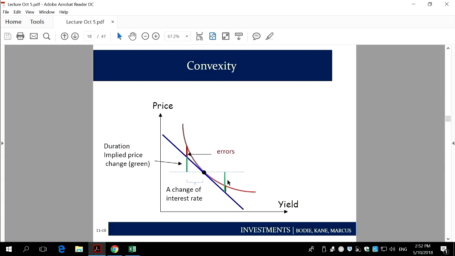Relatively, the price drop is smaller when your red part is bigger. So higher convexity means your red part is bigger or longer, and that is good. When the price goes down, you go down less. When the price goes up, you go up more. So that's why.